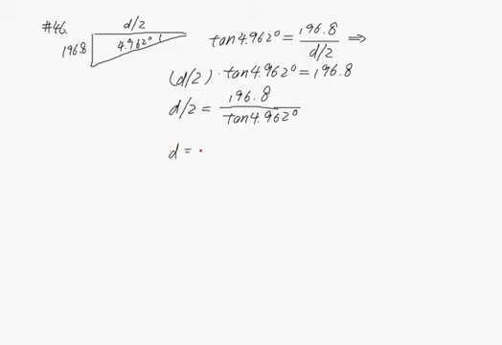We get d equal to 2 times 196.8 over the tangent of 4.962 degrees. And use the calculator to compute. Then you find the distance, which is approximately 4533.50 feet.